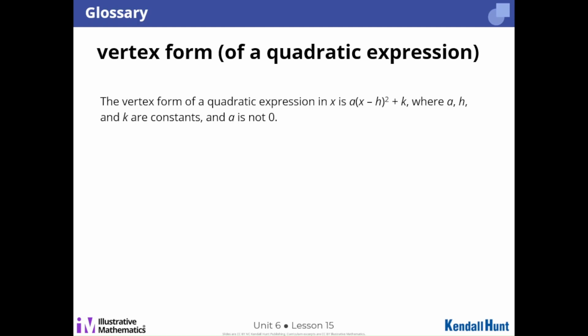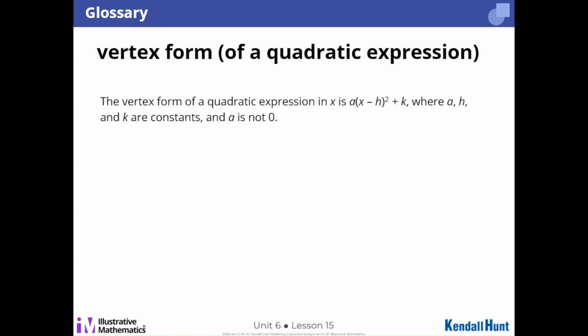Where most people have difficulty is with the h term, because notice that it is x minus h. So your x-coordinate of your vertex is actually the opposite of what you see.